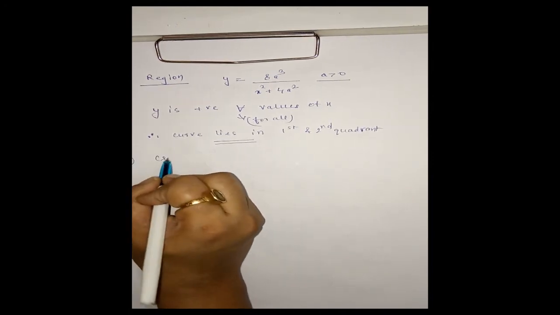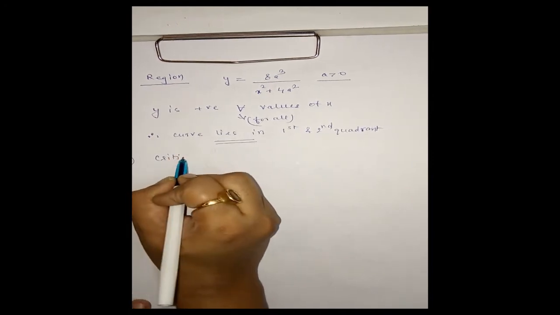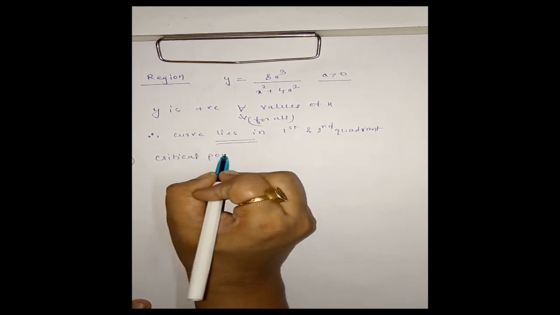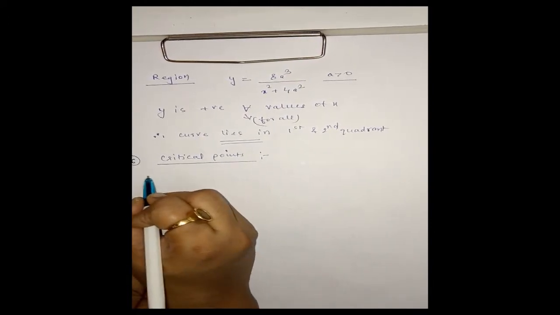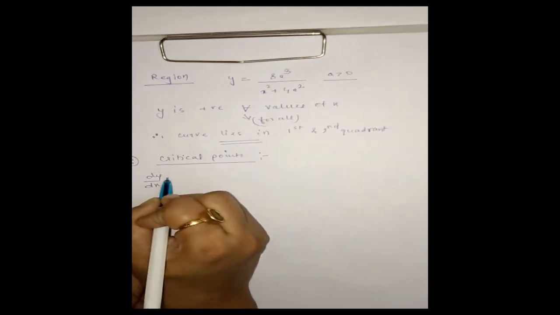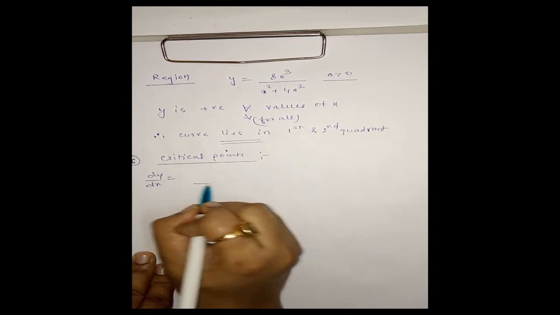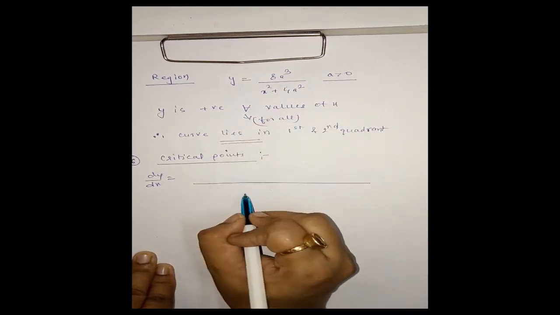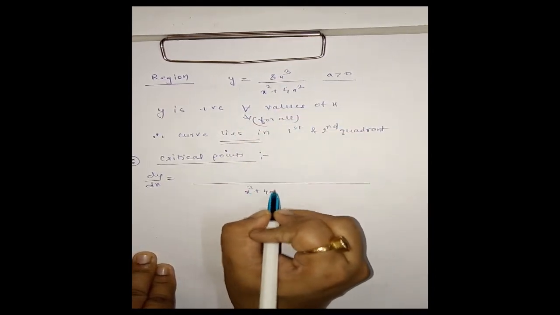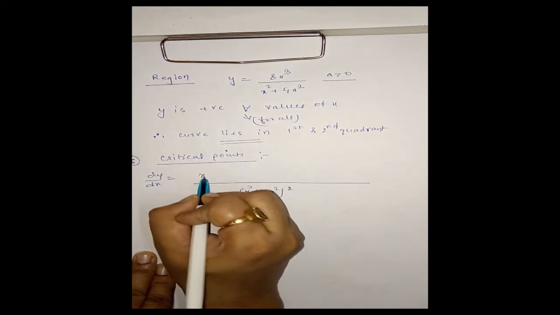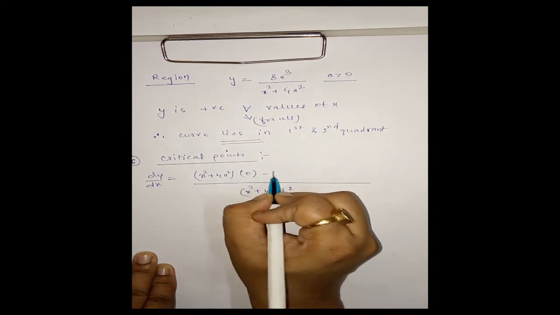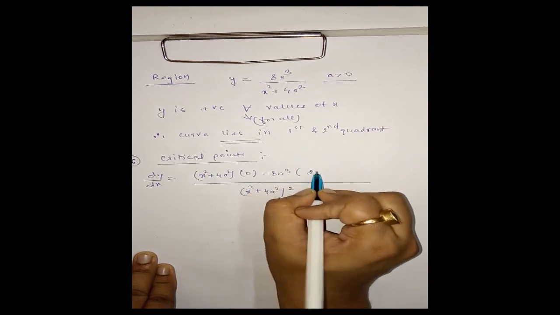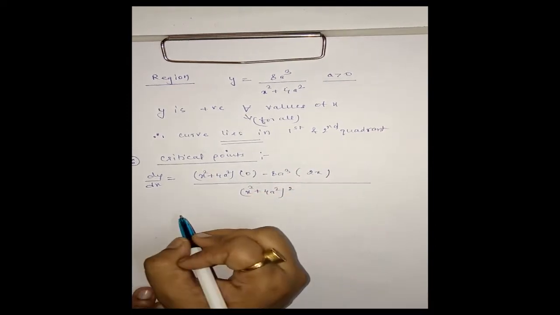Sixth step is critical points or critical values. For this we have to find dy by dx. Now, dy by dx is ((x square plus 4a square) into 0 minus 8a cube into 2x) upon (x square plus 4a square) whole square.